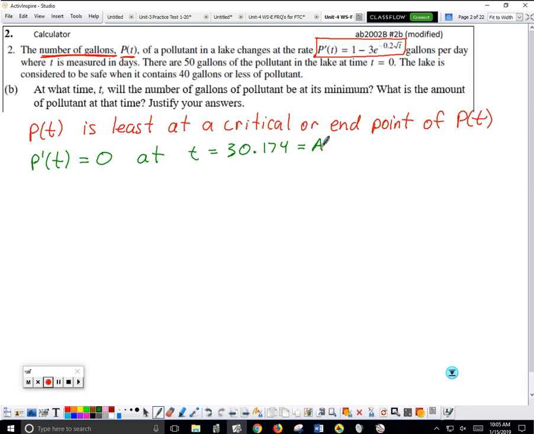Okay, so therefore, P of t is least at the beginning, time is 0, the critical point, time A, or the final end point. They don't give one.